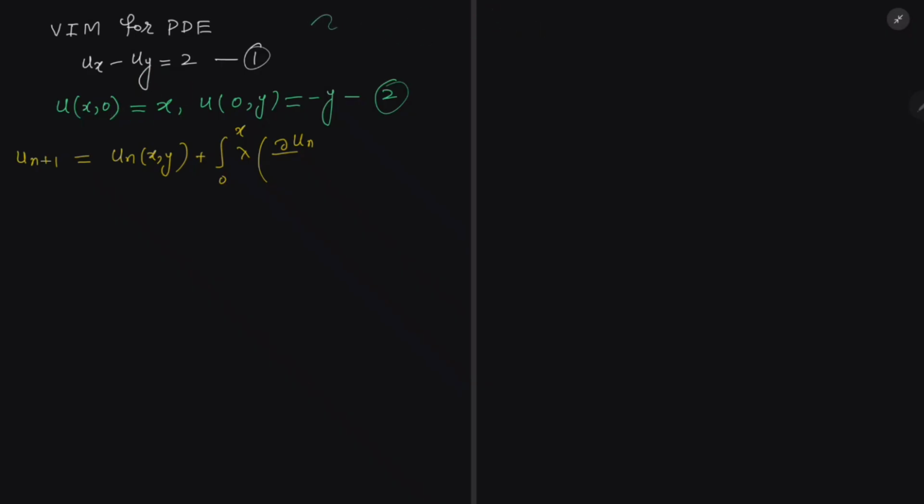For example, we have partial u by partial x, and from the theory we saw that if you have x, then you can replace this with xi. So we also replace this partial u by partial x with partial u_n by partial xi. It means that u_n will be a function of xi and y.